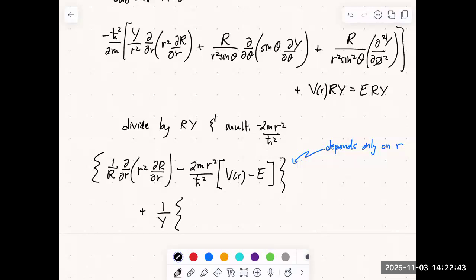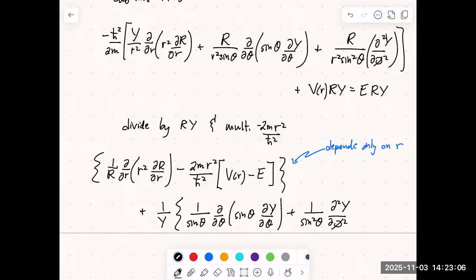So it should just be a 1 over sine theta, d by d theta, sine theta, dY d theta. That's the first term, plus this one has a sine squared theta, d2Y d phi 2.